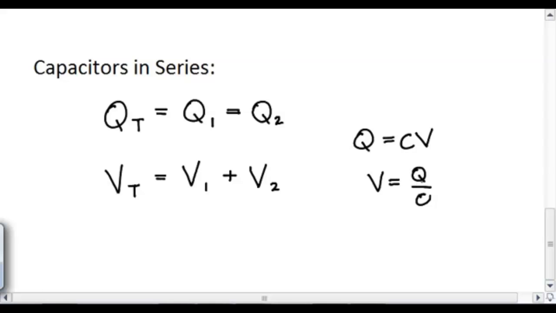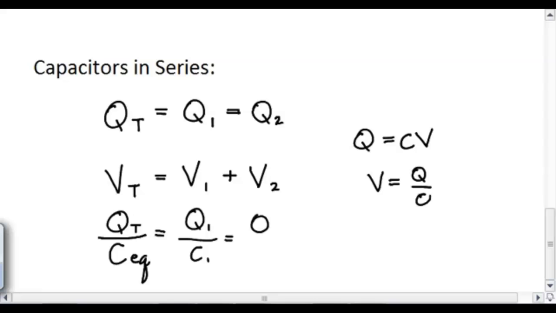So let's substitute Q over C for each one of these voltages. So this would be Q total over capacitance, and I'm going to use the equivalent subscript because I think that's what your book uses. It doesn't matter. You can call it total, complete, whatever. And then this would be Q1 over C1.